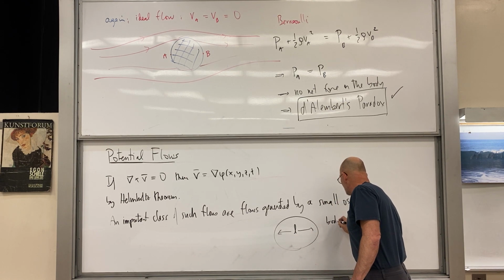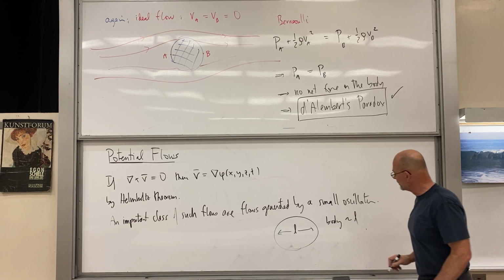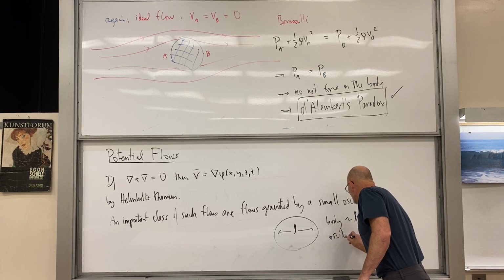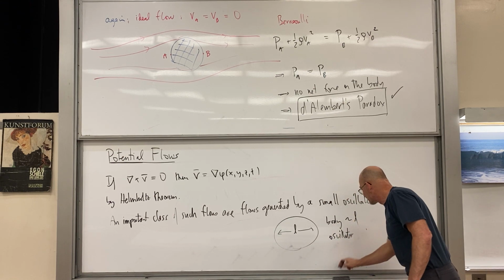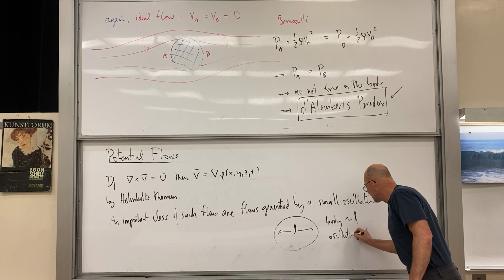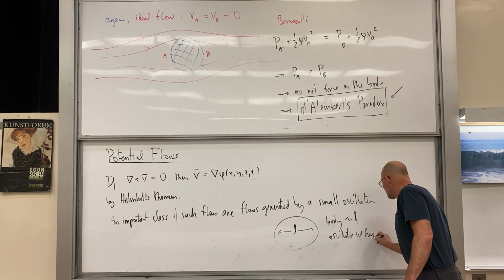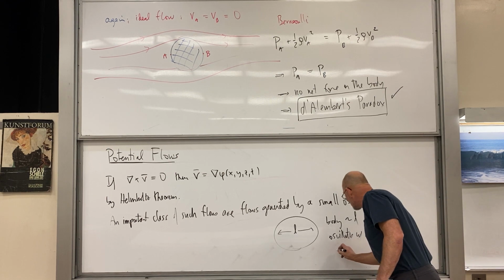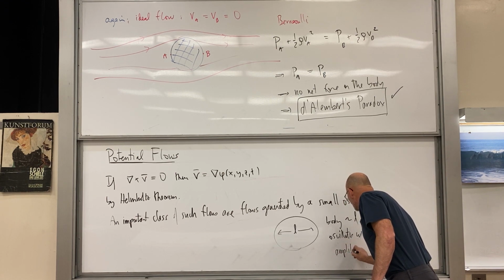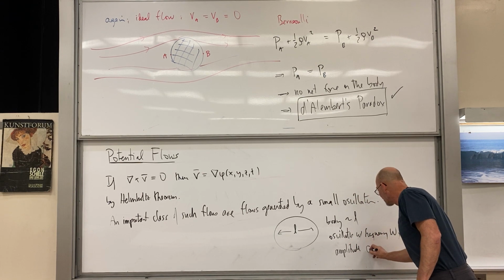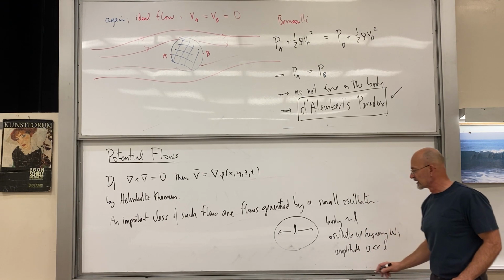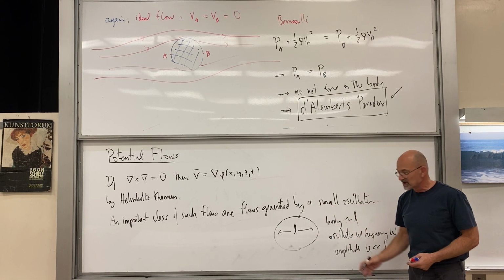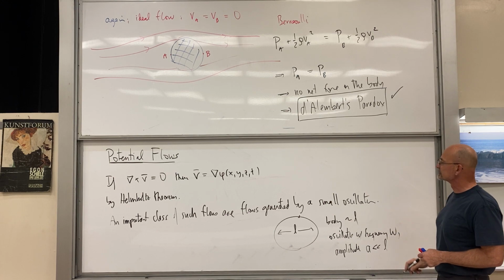So this body of roughly size L oscillates with frequency omega, amplitude A much less than L. Some tiny little amplitude change, some frequency omega.